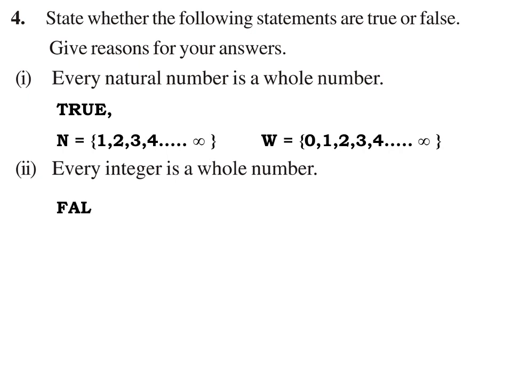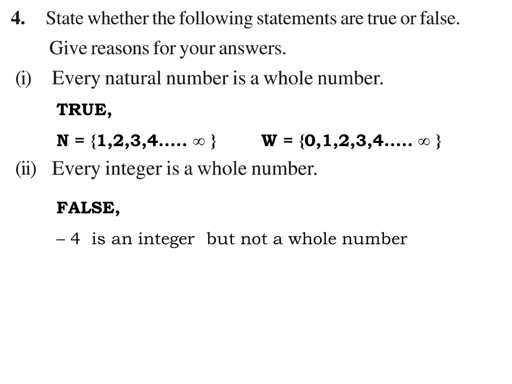Now the second statement: every integer is a whole number. This answer will be false. Why? -4 is an integer, but it is not a whole number. As we saw in a previous question, whole numbers start from 0, not from negative numbers. So -4 is an integer but not a whole number. That's why every integer is not a whole number.